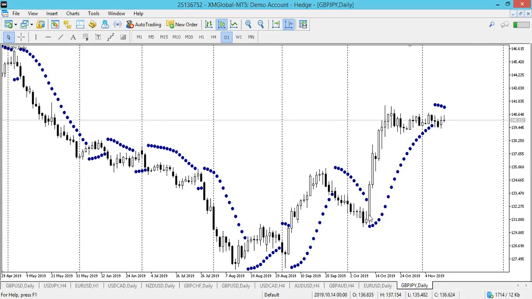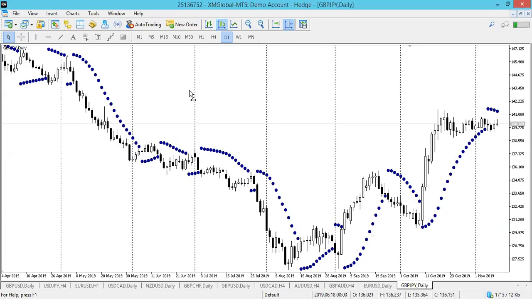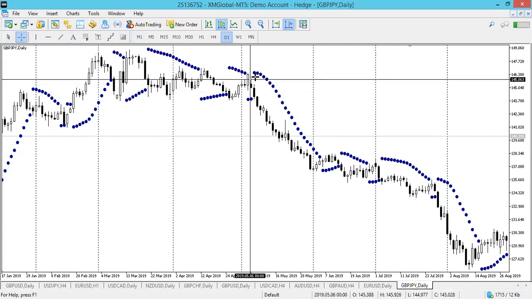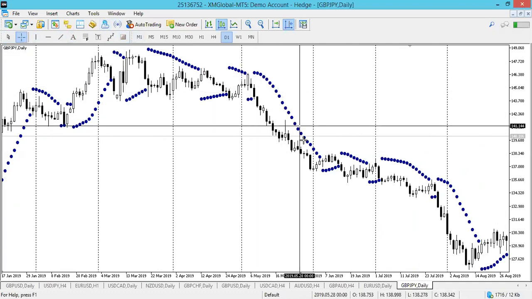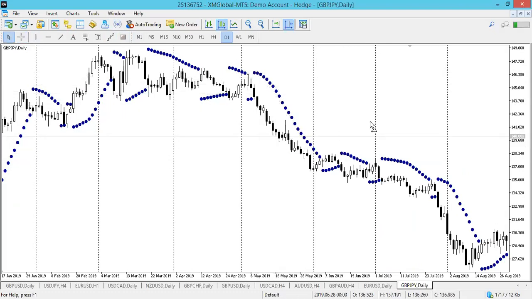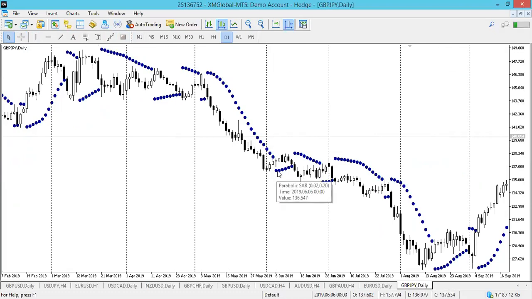If the PSAR is below, then the market is in an uptrend. No? So if you take a look at some examples over here, itong PSAR nasa taas, ibig sabihin yan, the market is currently in a downtrend. No? Until such time na mag-shift na siya to the other side. Pag nag-shift siya to the other side, that means it's a change in trend.